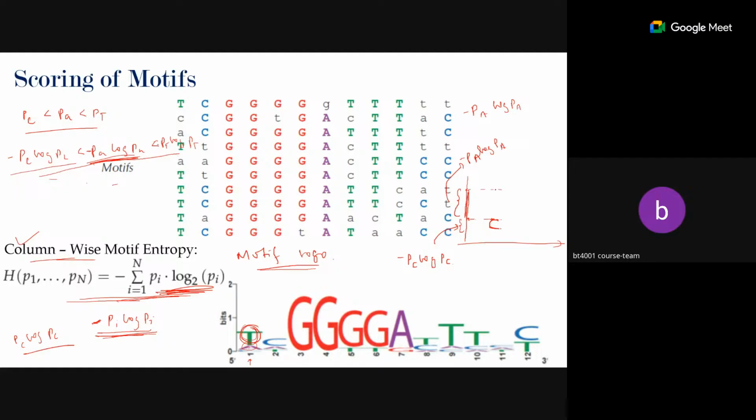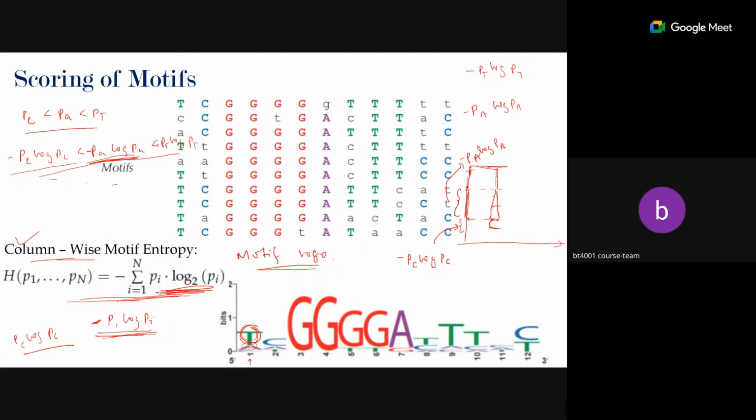This will be our A, placed on top of C. Then similarly for T, we compute the negative of p_T times log p_T. Whatever value comes, we plot it from this point upward, and until there our T will be represented.